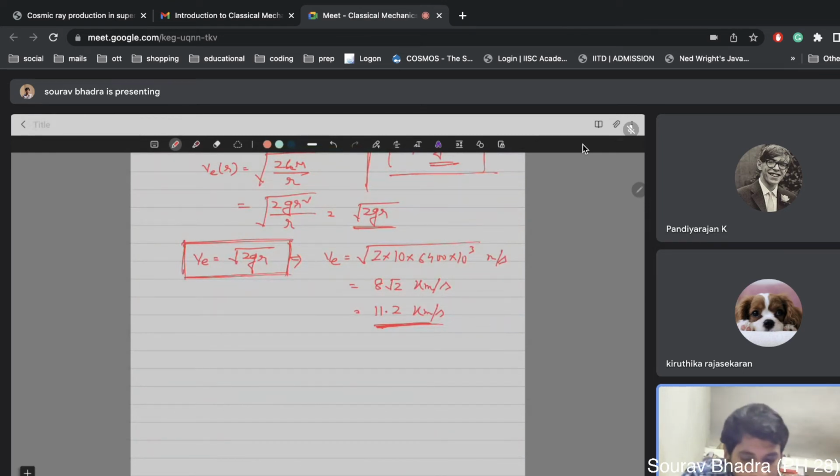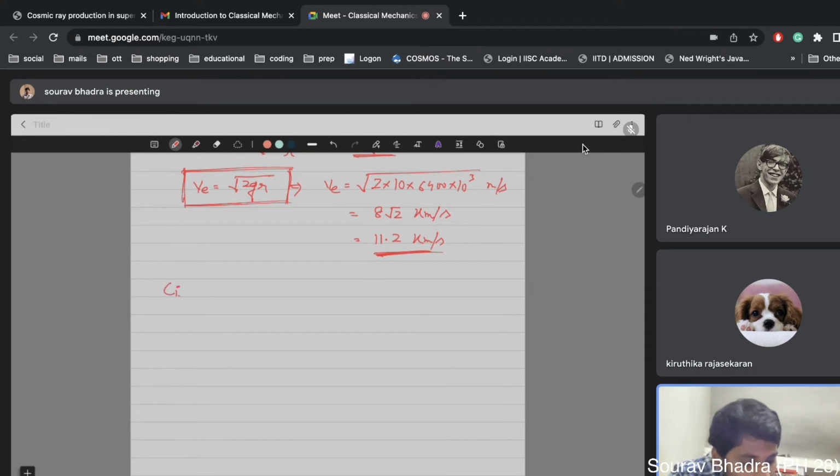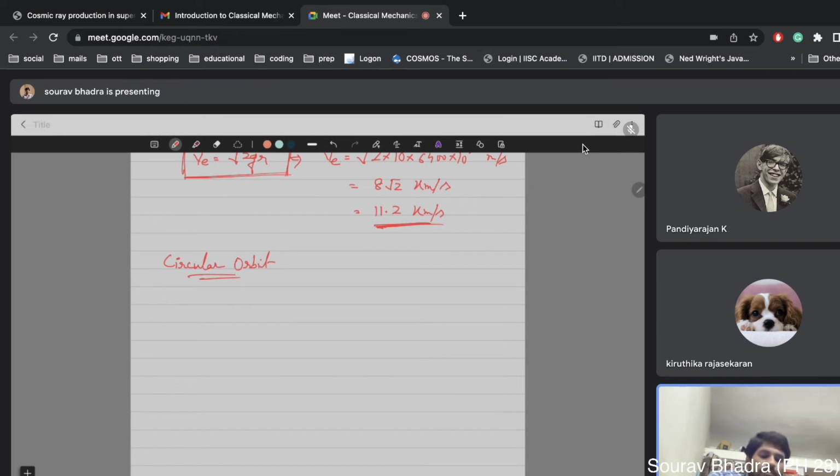So when a particle is in a circular orbit, the centripetal force will equal the gravitational force. That's why it is stable in that particular circle. So the force which is acting inward is equal to the force which is acting outward on the particle.